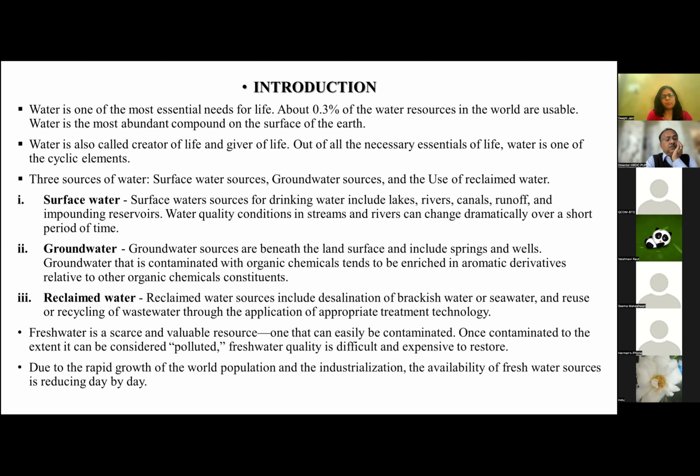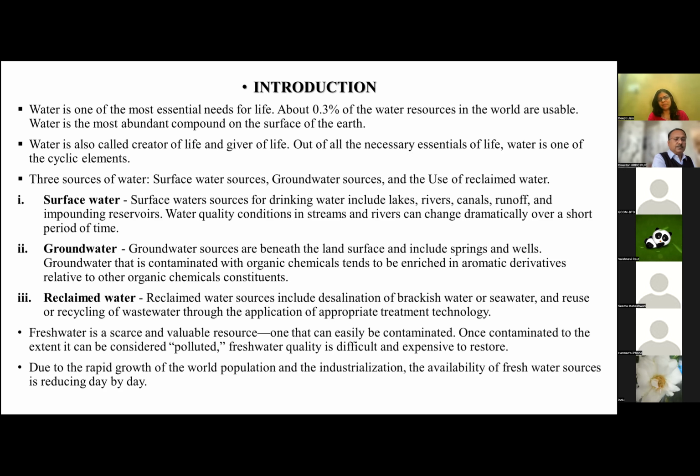So at every moment we have to keep a check on the quality of the water being supplied to us as drinking water, from its source as well as from where we are receiving it. So that is covered in surface water.